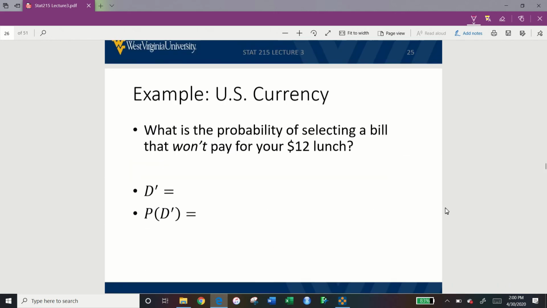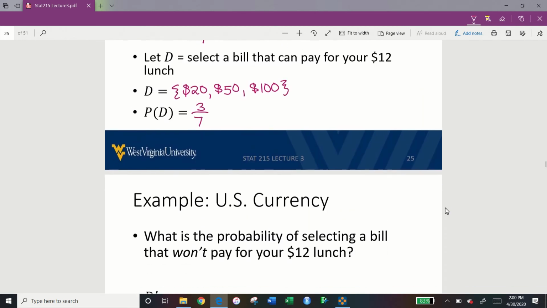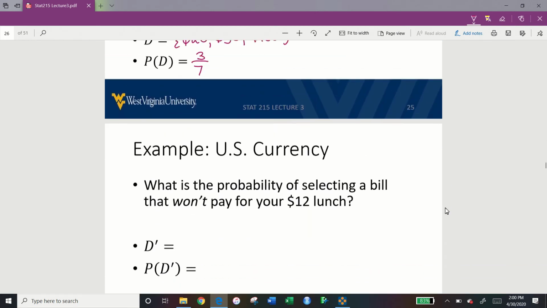Let's do one more. What is the probability of selecting a bill that won't pay for your lunch? Okay, so we want the opposite of event D, or we want the complement.